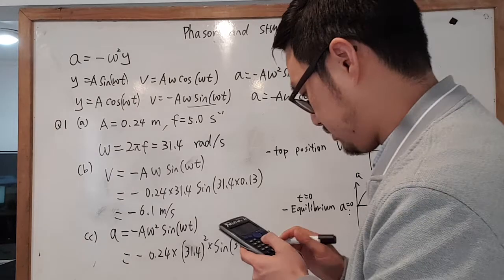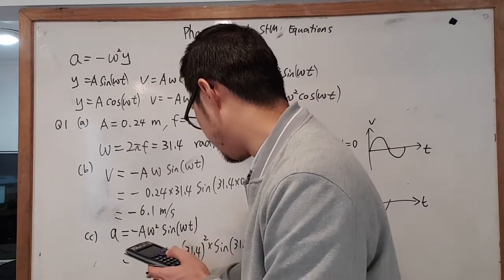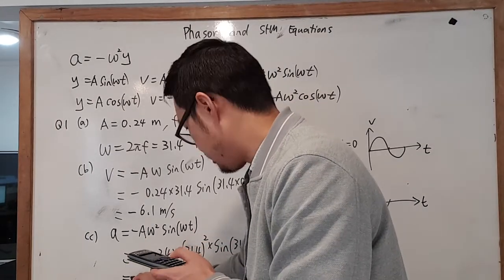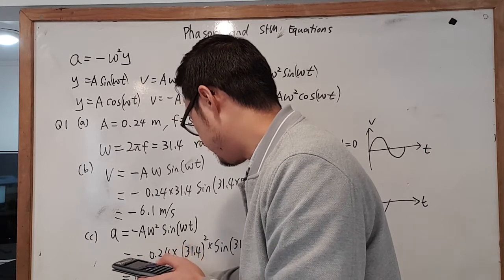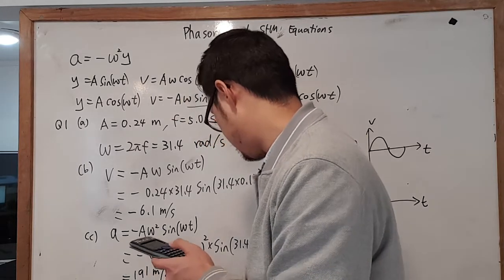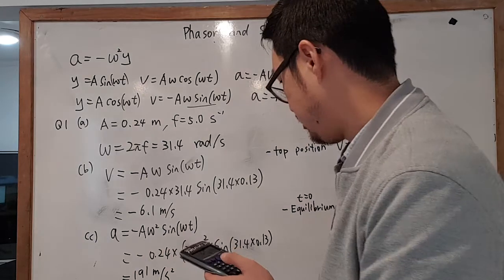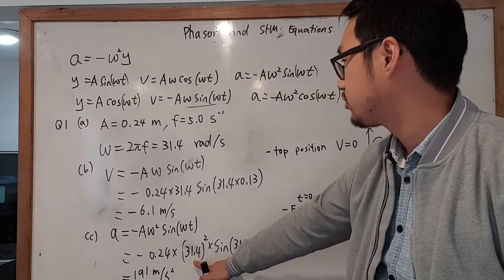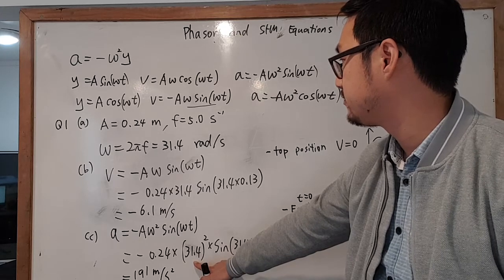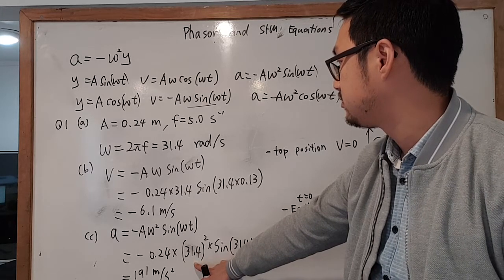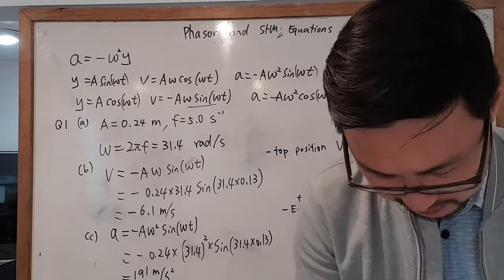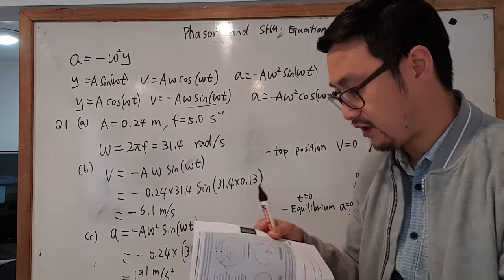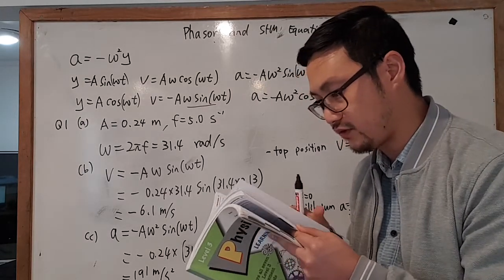The acceleration I get, oh, that's a really big number: 191 meter per second squared. It is quite a big number. 31.4 divided by f, frequency is 5. Yeah, that is a very big number, so it's a big acceleration. Page 248, let me have a quick look at the answer, 248.